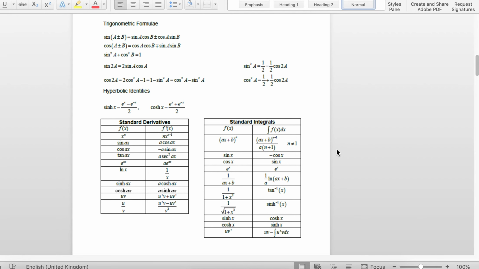So, this is your formula sheet that you get at the start of every engineering assignment or assessment that we've done throughout the course of this year. Right, so up the top here, we've got these trigonometric formulas. So if I got sine squared and I wanted to integrate it, I would use that one there. If I had cos squared and I wanted to integrate it, I'd substitute in that one there. Now, I have sine times cos or cos times sine. So that means I need to use this one here. So there's going to be a little bit of manipulation. So let's see what happens.